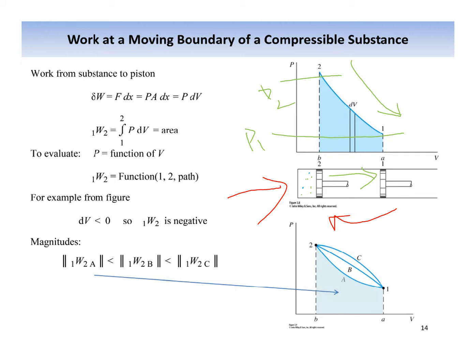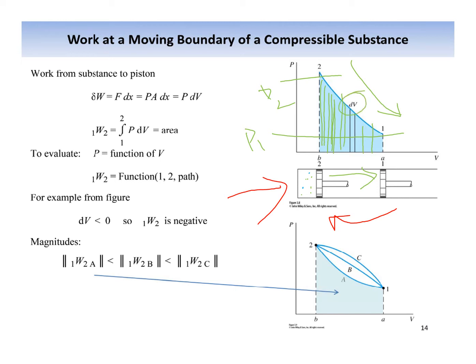Now, if we look into this work, work for expanding boundaries is PdV, pressure times change in volume. How much volume change there is during this process, we multiply this change in volume by the instantaneous pressure. So we are talking about a continuous process that we divide into an infinite number of small portions.